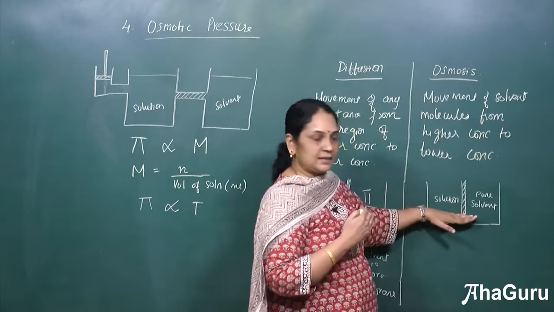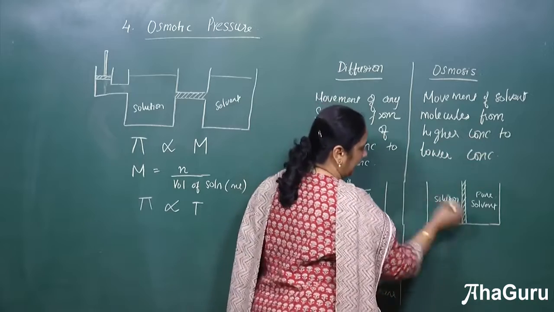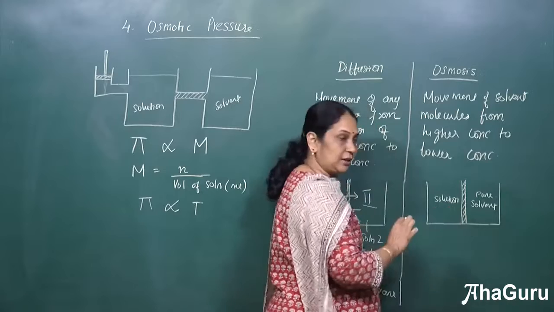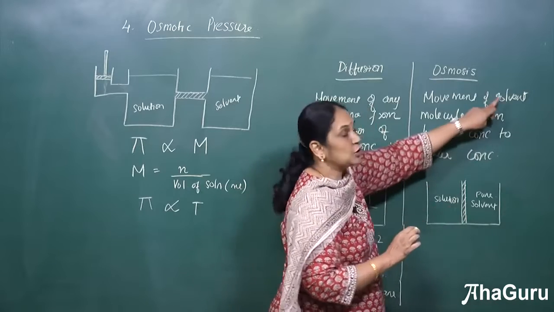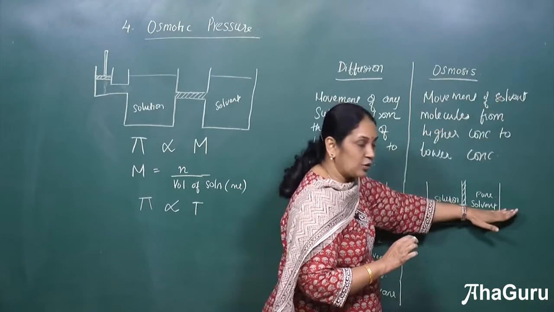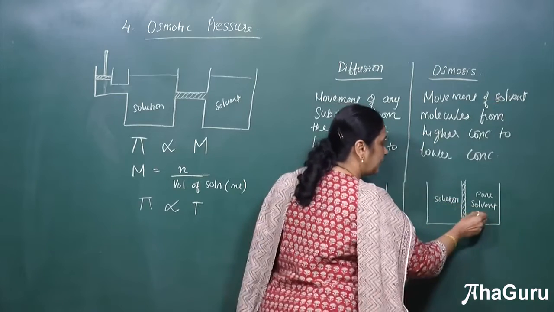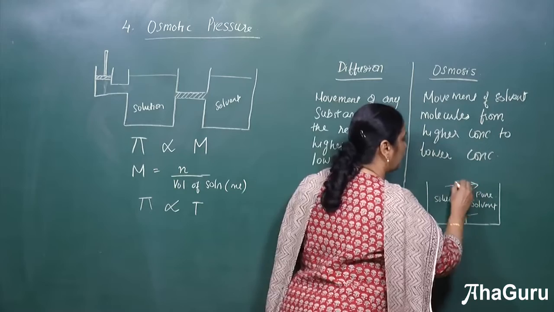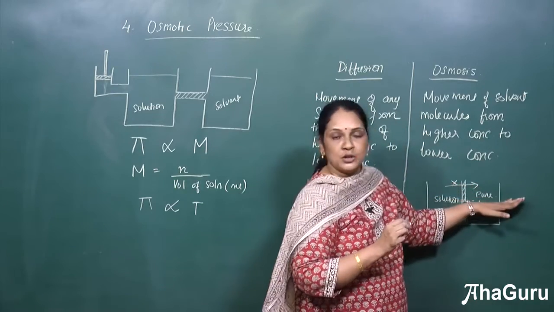So let us take this diagram. Here I have taken pure solvent on this side and solution on this side. As I told, only the solvent molecules, which are higher in concentration here, can move, and the solute particles cannot move from the solution side to the solvent side.